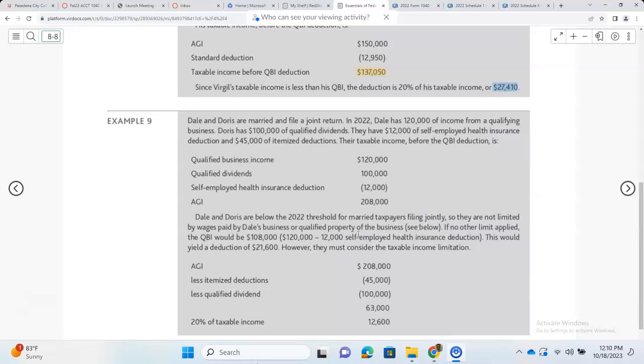If no other limit applied, the QBI would be 108,000, which is 120 minus self-employment health insurance. It would be 108 if there is nothing else. This would yield a deduction of 21,600, which is 20% of that amount.